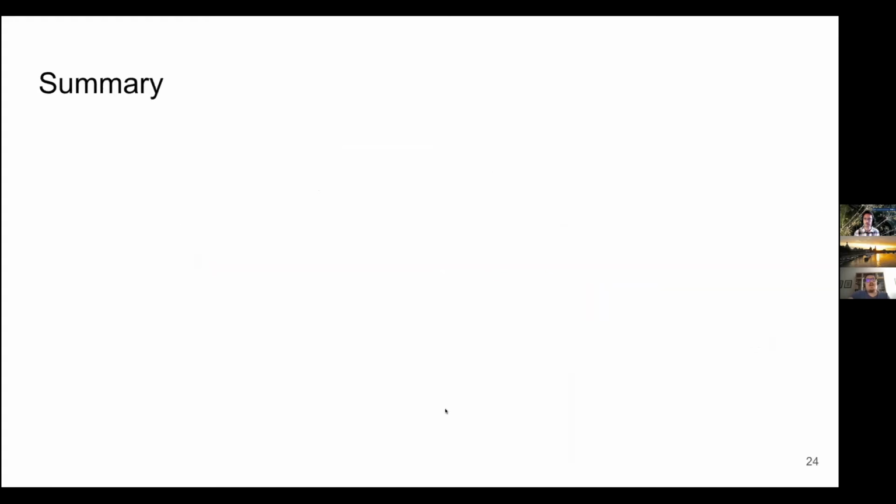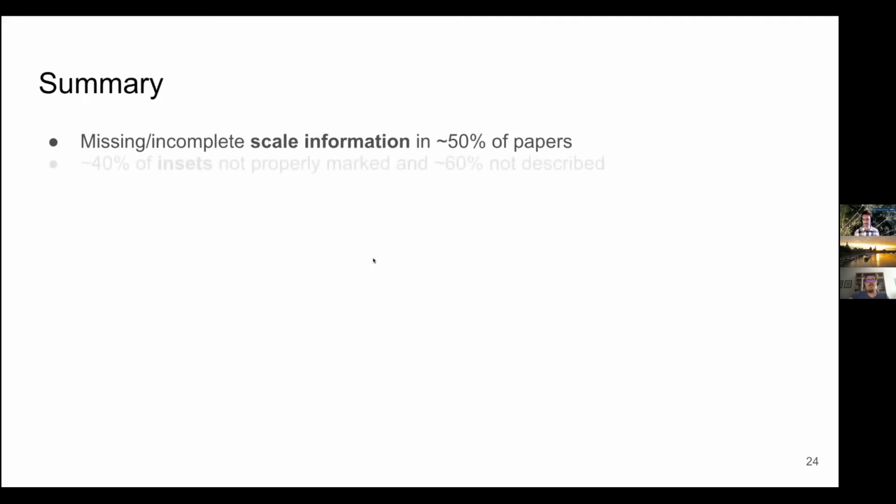So in summary, what we discovered analyzing these hundreds of papers from top quality journals in the recent literature is that for 50% of papers, there is a missing or incomplete scale information. That in 40% of the papers, the insets are not properly marked or not described in the legend.